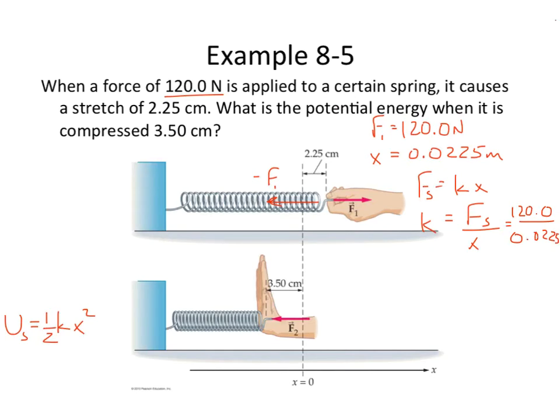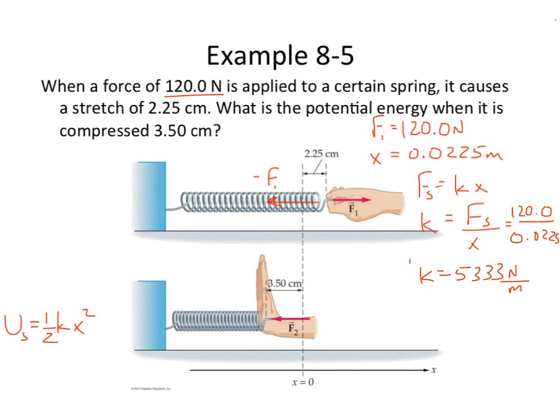And so our spring constant, our k constant, I get 5,333 newtons per meter.